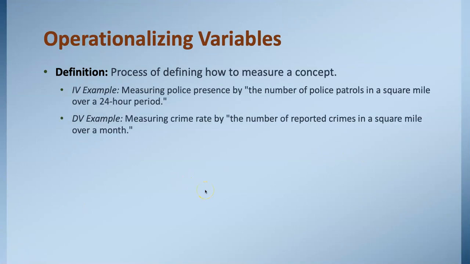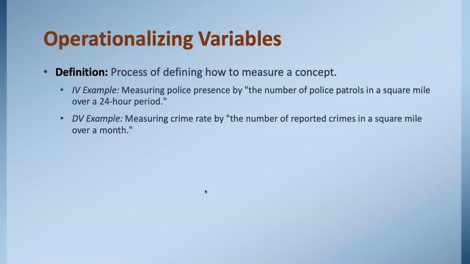Now let's talk about how we're going to operationalize our variables. This is the process of defining how you will measure the concept that you have just defined. For our independent variable, police presence, we could operationalize it by saying that we're going to measure the number of police patrols in a square mile over a 24-hour period.